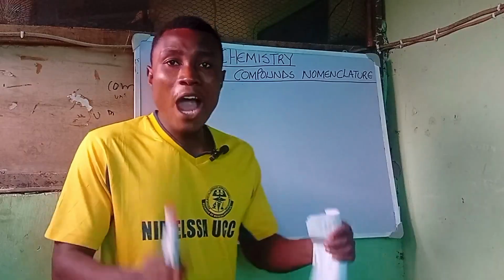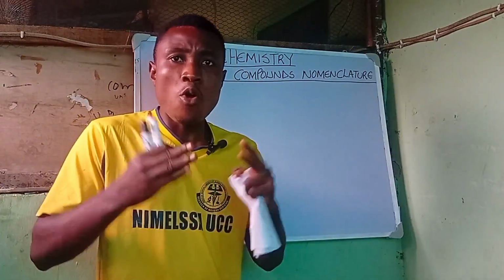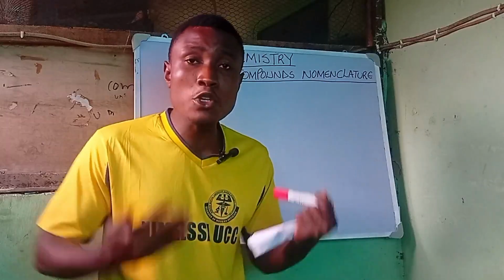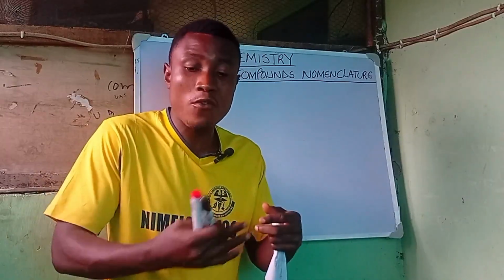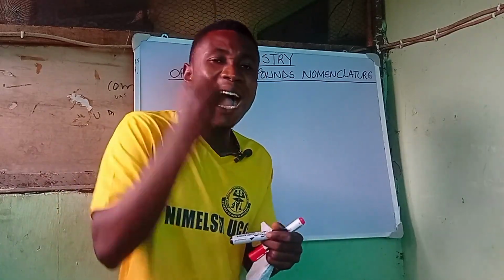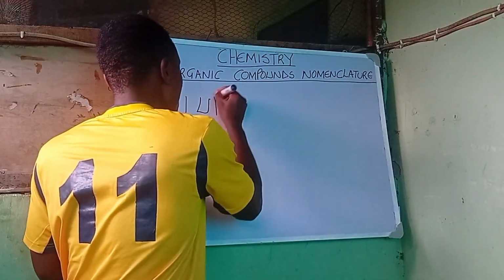Today, we are going to start with the general system of naming organic compounds. Before, there used to be issues with the naming of organic compounds until a group of scientists came out and gave this acronym, which is known as IUPAC.